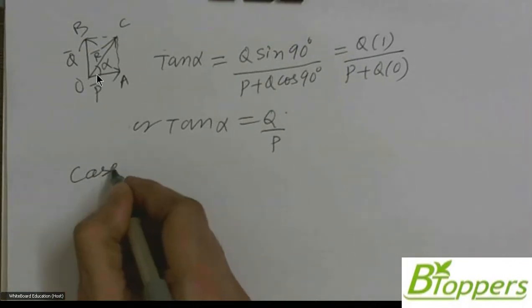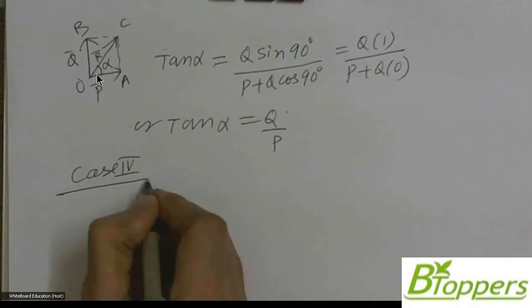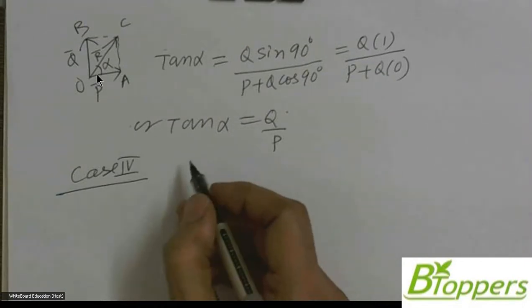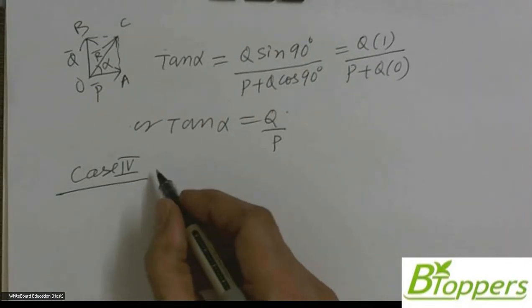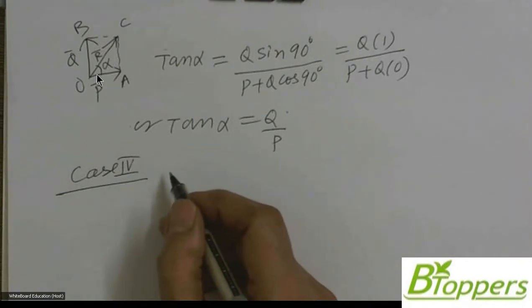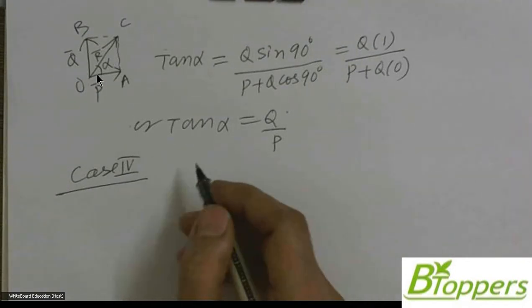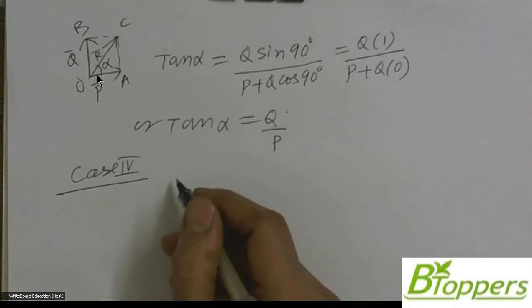So next I consider one more special case, case 4. You come across a good number of examples where two vectors have the same magnitude but have different lines of action.